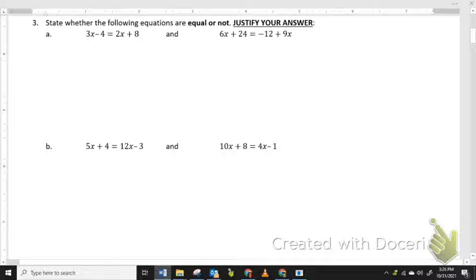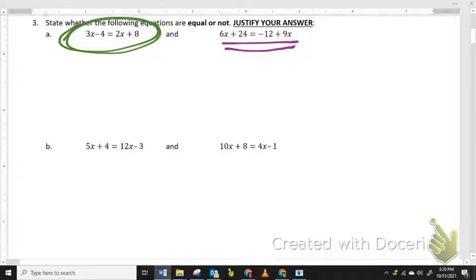So let's see. When I look at this equation over here on the left and I compare it to the equation over here on the right, I see this 3x and 6x. I see 9x. I see 2x. It doesn't look like quite the same order to me, but what if I multiplied everything by 3?